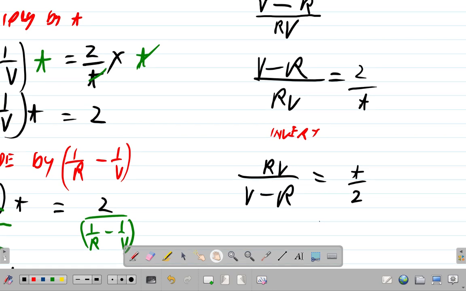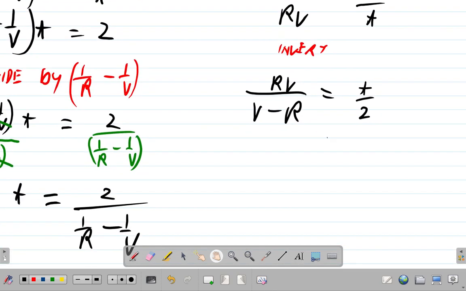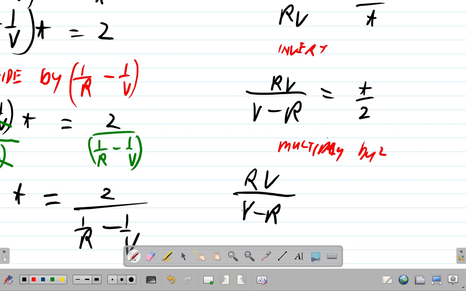Then at this point, you multiply by 2. Remember, we're looking at another way of doing it. When you multiply by 2, you have RV over V minus R times 2 equals T over 2, and that times 2, for 2 cancels 2.